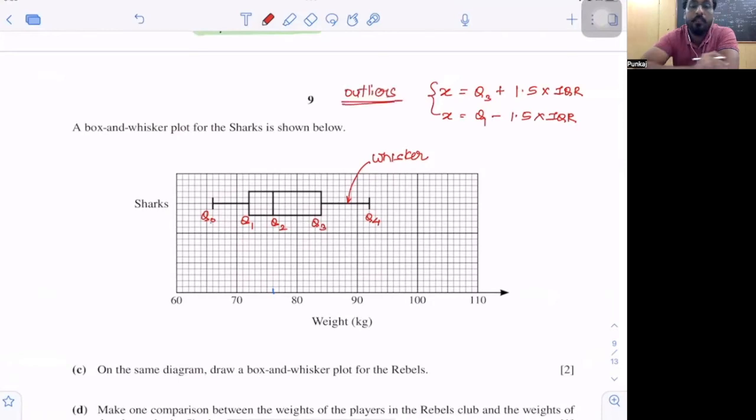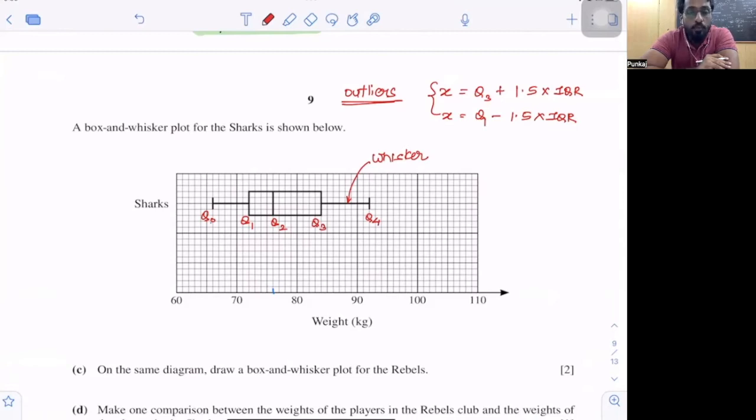If the question demands to identify which values are the outliers, you want to first get the value of x by using the formula q3 plus 1.5 times IQR and q1 minus 1.5 times IQR. Those values which go beyond these two values will be called the outliers of the data.